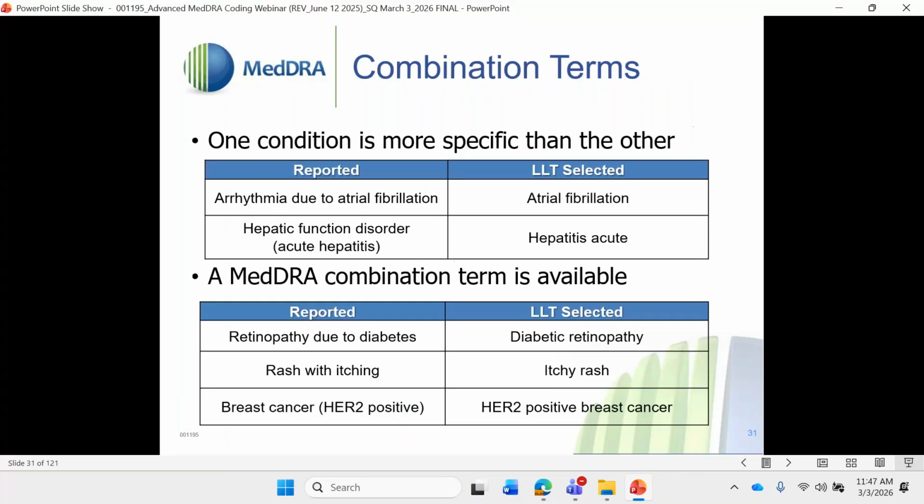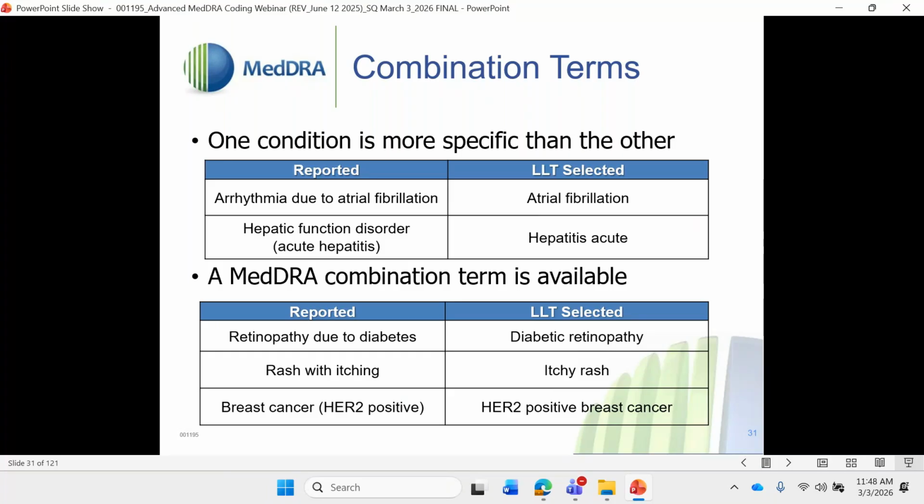So here we move on to the principle of combination coding, right? When one condition is more specific than the other. For example, if you reported arrhythmia due to atrial fibrillation. So I'm thinking, well, what do I code? Do I code arrhythmia or do I code atrial fibrillation? One is more specific. As you know, atrial fibrillation is a type of arrhythmia.